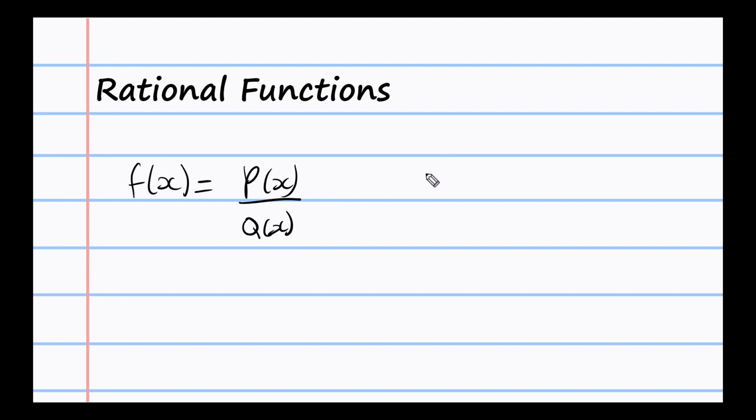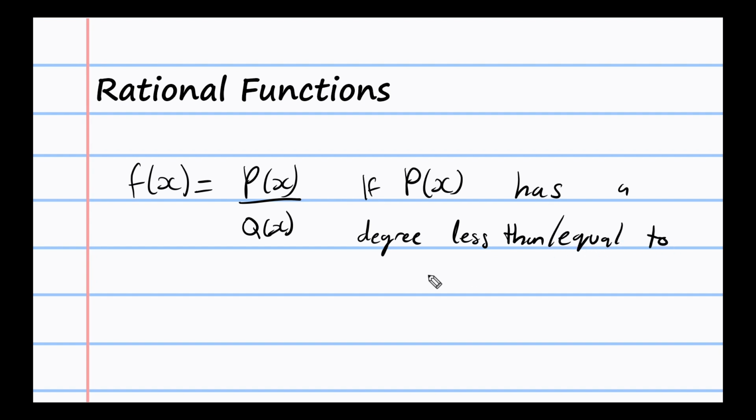If p of x has a degree less than or equal to the degree of q of x, then f of x has a horizontal asymptote.